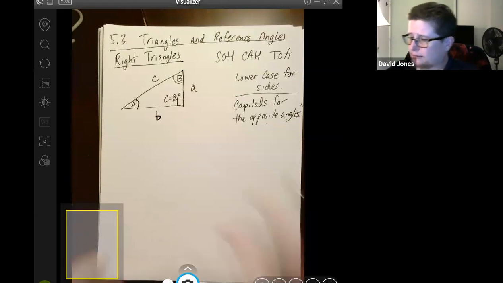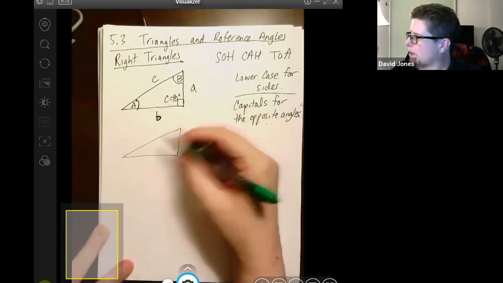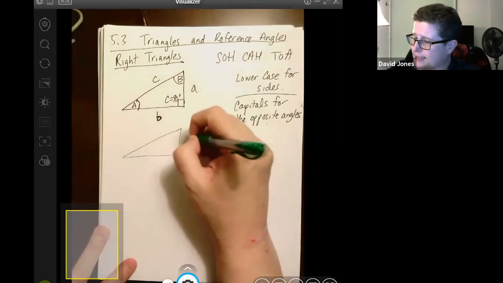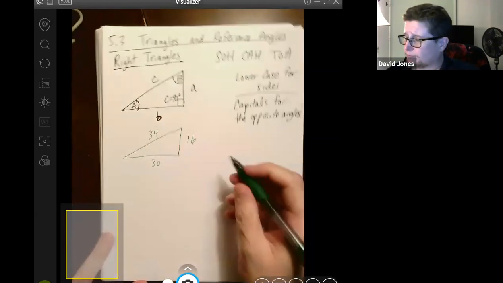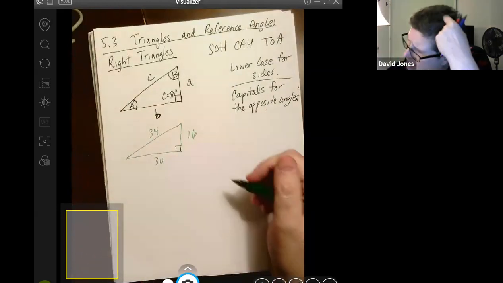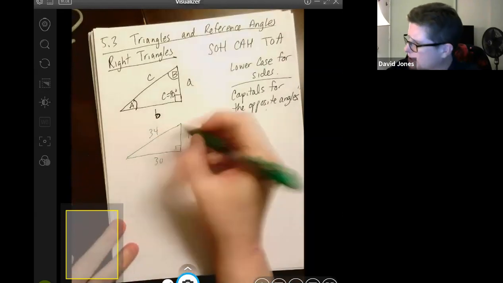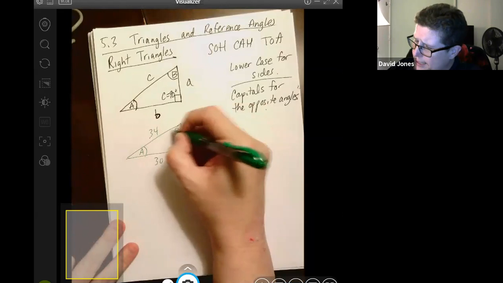Let's say our triangle has sides 16, 30, and 34. Let's call this one angle A, that one angle B.